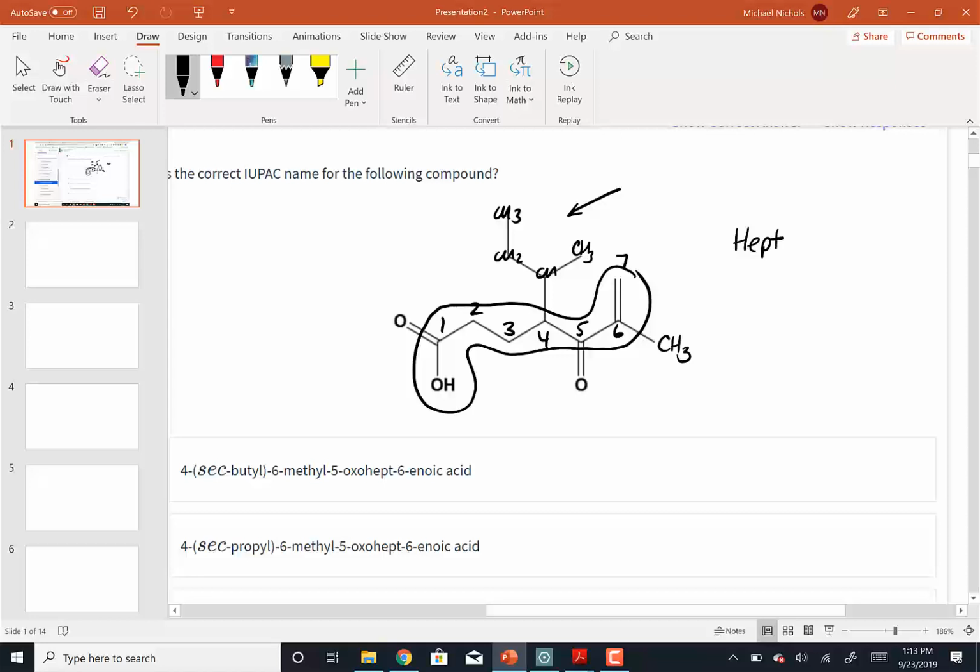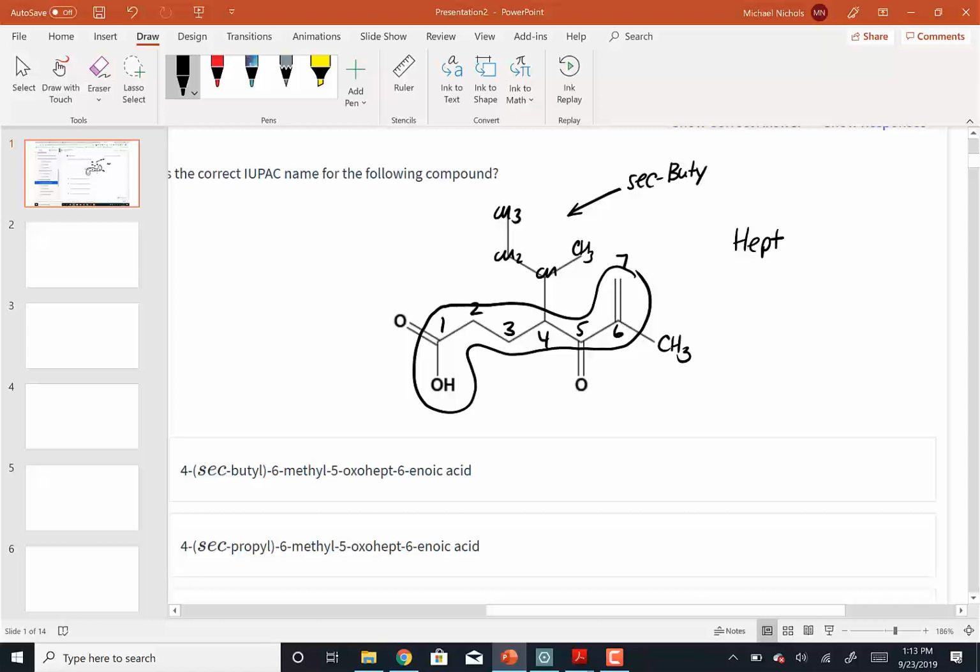It's a sec-butyl group. Hopefully you would know that even when it's not on the screen as a sec-butyl group. And they put it in parentheses, which is not supposed to go in parentheses. So that is a sec-butyl group.